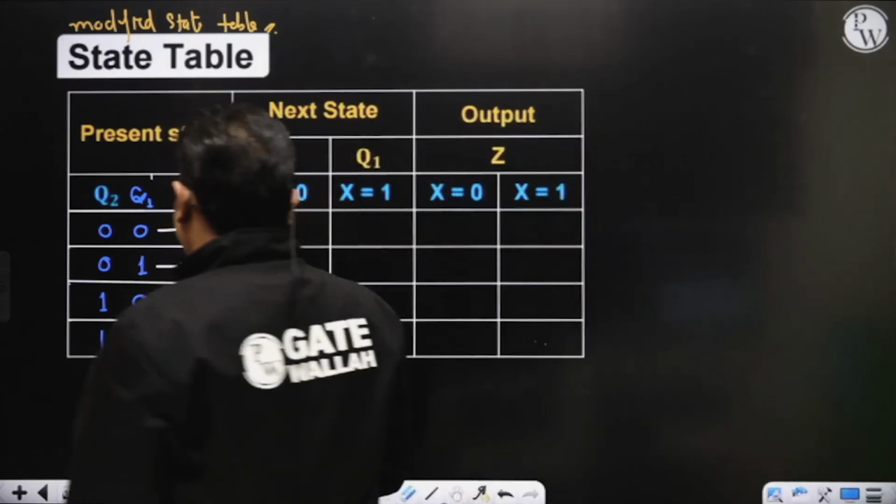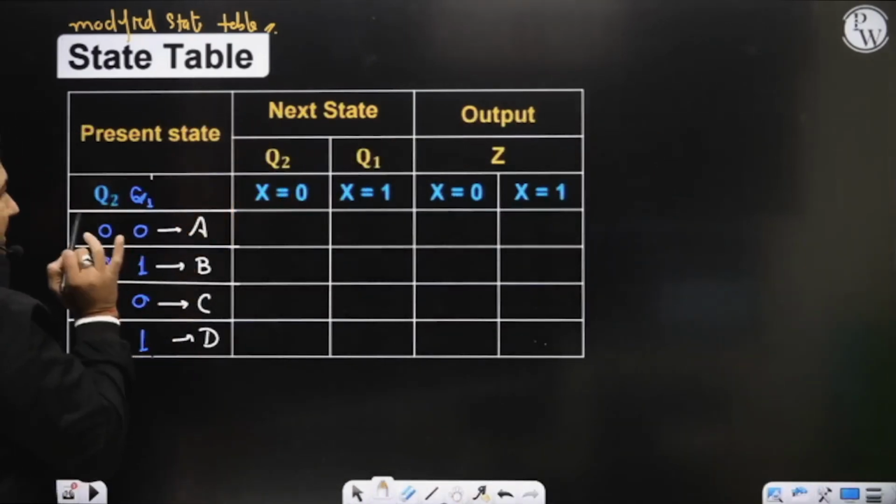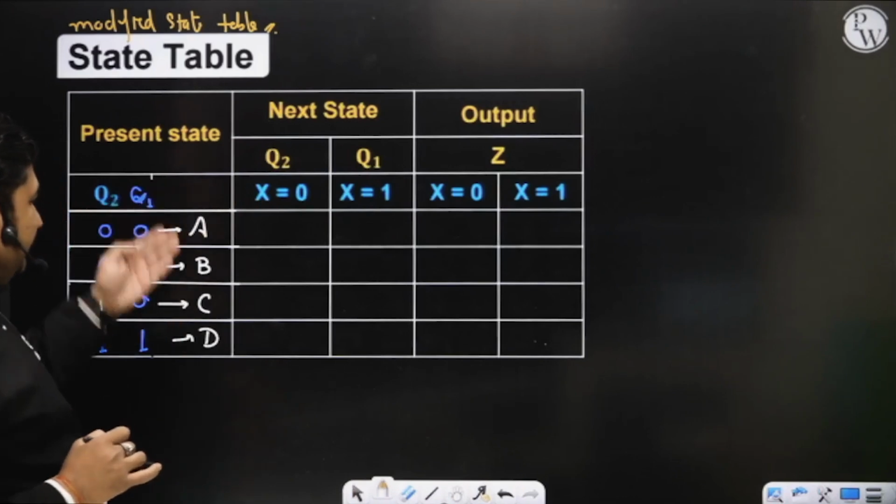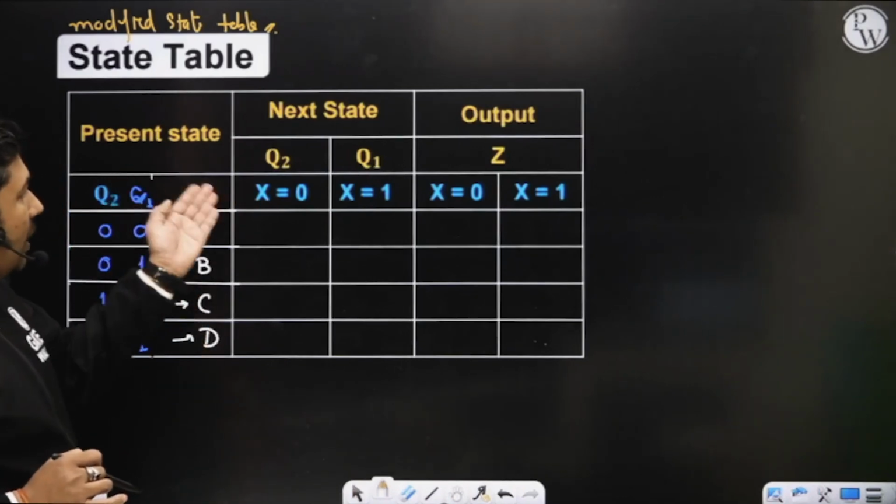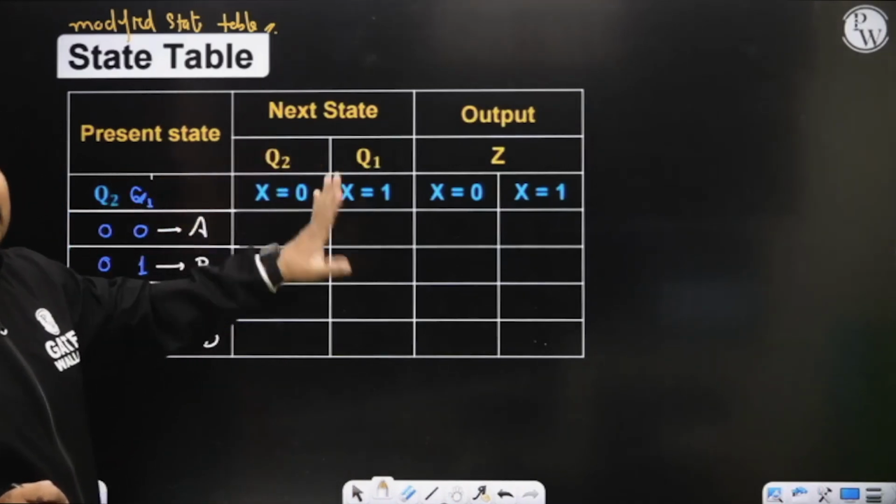Now please observe, we have the present state Q2, Q1 as A, B, C, D. Now I am interested to know about the next state.